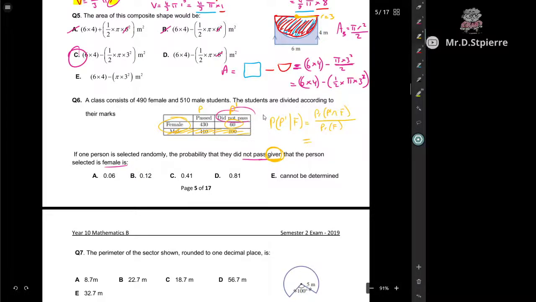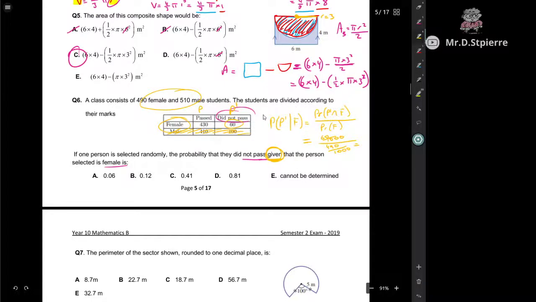I'm going to show you two different ways to do this quickly. If we're using this formula, the intersection of not pass and female is 60. We've got 60 out of a total of, and because we're doing probability, not a number of, we need to use the probability. There is 490 plus 510, that's 1,000. All divided by the probability of female, which is 490 out of 1,000.